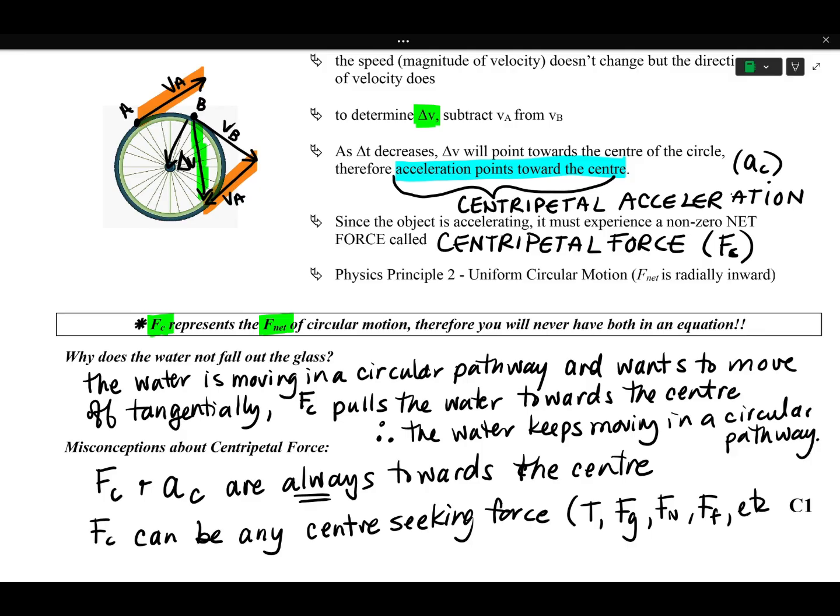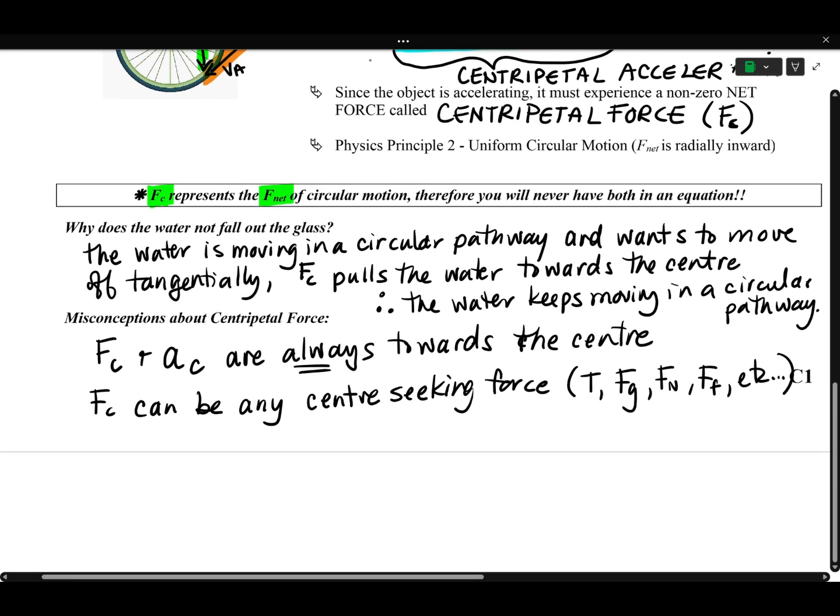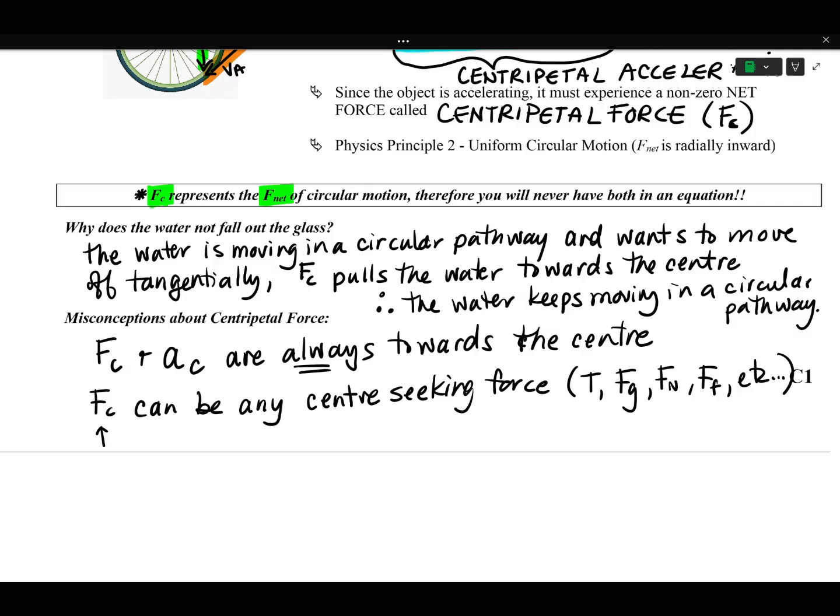So there are lots of different forces. As long as they're moving to the center, it can be considered a centripetal force. And the centripetal force is a net force, so it can be the sum of a lot of different things. So F net is like F net, but we just say centripetal force because we're talking about circular motion.